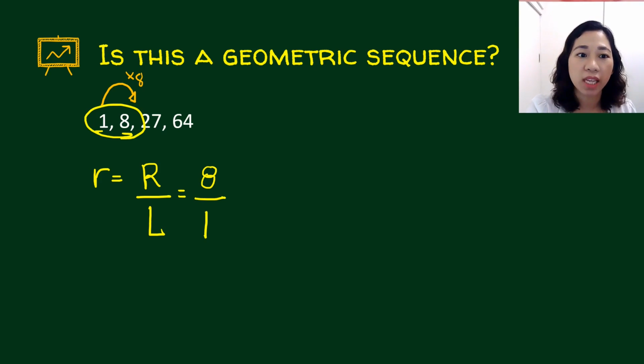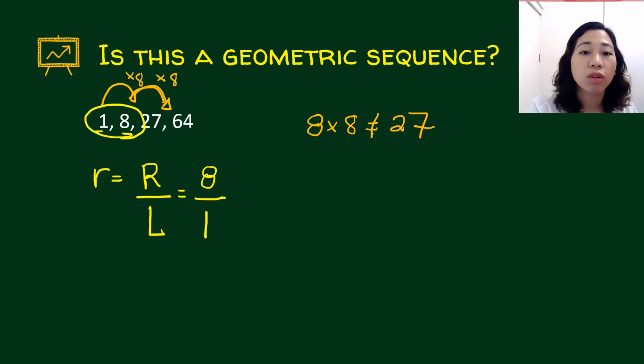Correct? So 1 times 8 is 8. If this is a geometric sequence, from the next term, we have to multiply by 8 also. But what can we observe here? We have 8 times 8, that's not equal to 27. So that means that this is not a geometric sequence.